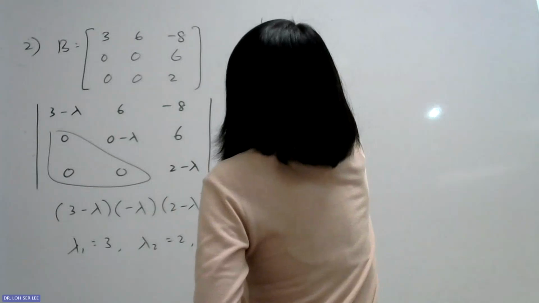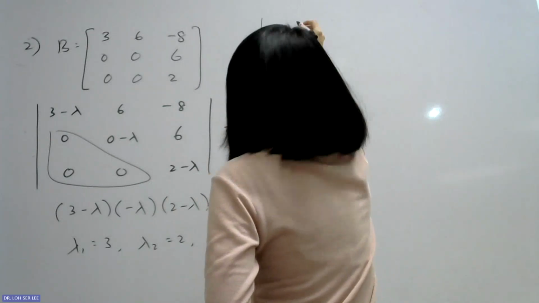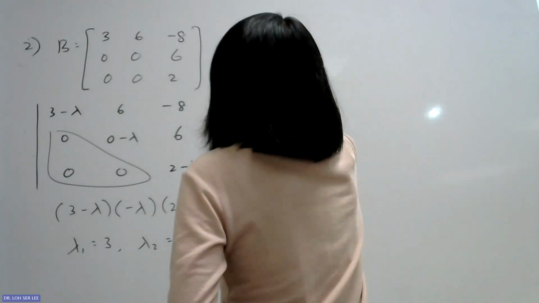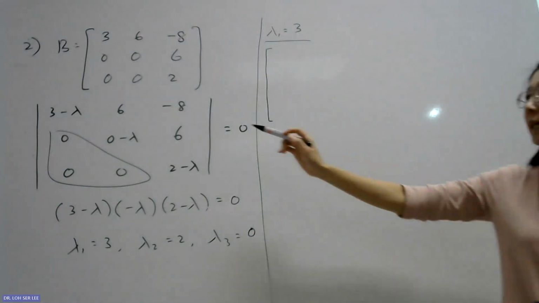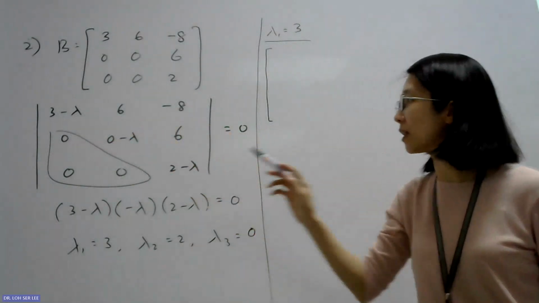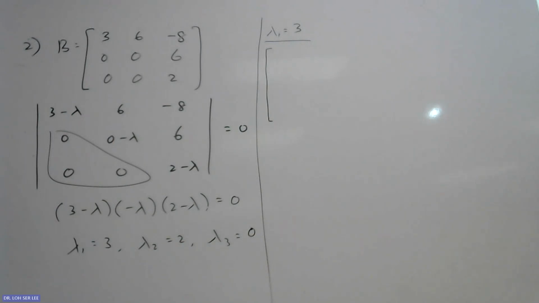Okay. Say lambda 1 is 3. So substitute the lambda by 3. Form the augmented matrix. Then reduce.